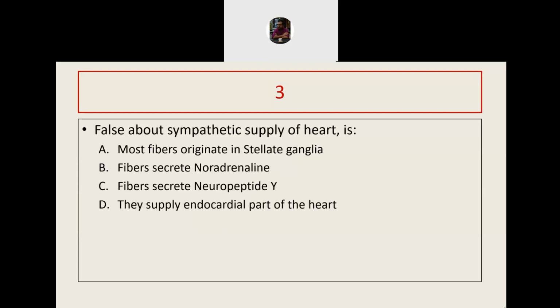False about the sympathetic supply of the heart is: so you have to find the false statement. Most fibers originate in the stellate ganglia. Fibers secrete noradrenaline.